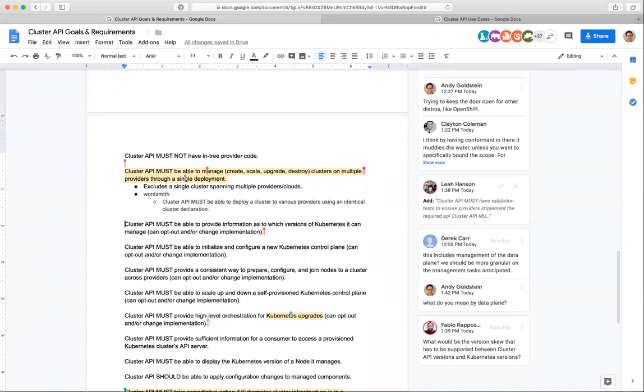So maybe we need to come back and make slight revisions on must and opt out and whatnot, but at least the intent of the requirement here is about being able to find out what version or versions are supported, that's what we're going for.